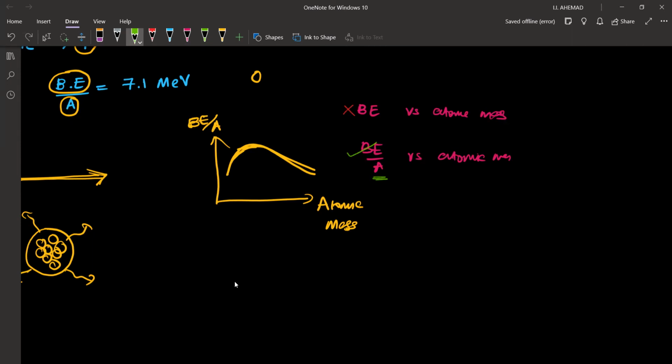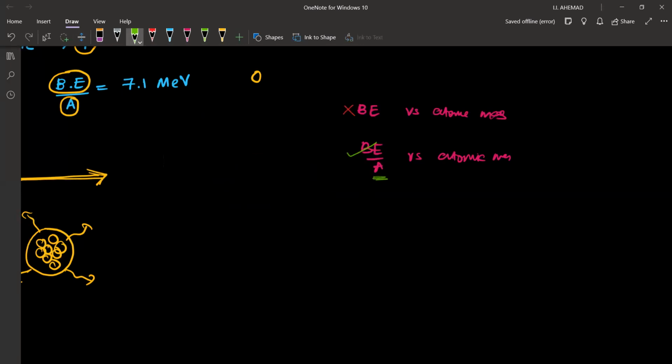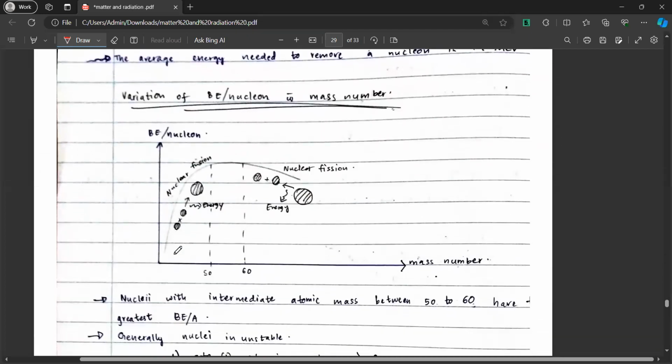So in this graph, when we check the binding energy per nucleon with atomic mass, we get a variation like this. Okay, we get a variation like this. So in this graph, which part is stable?